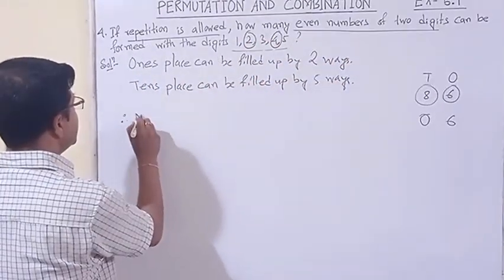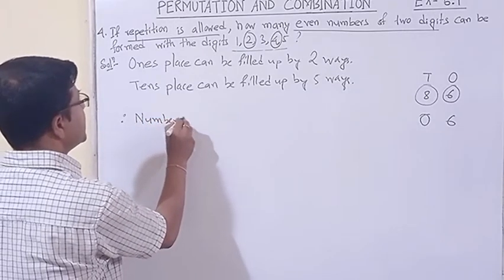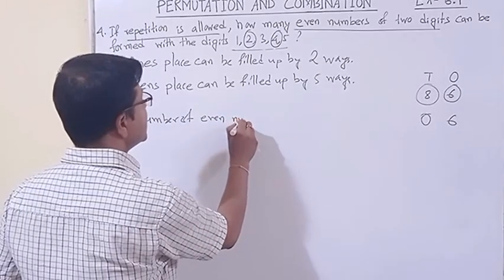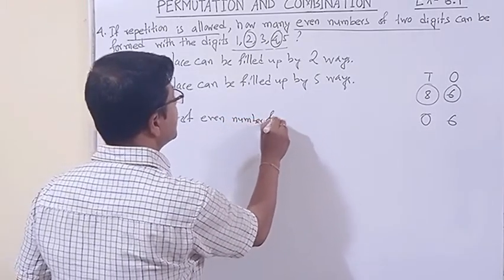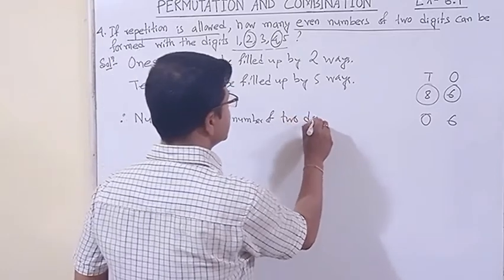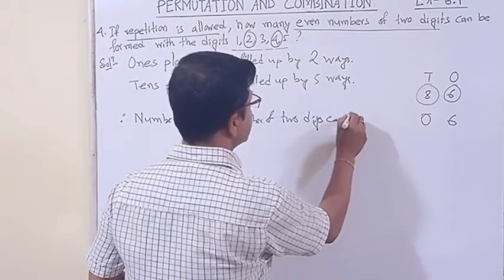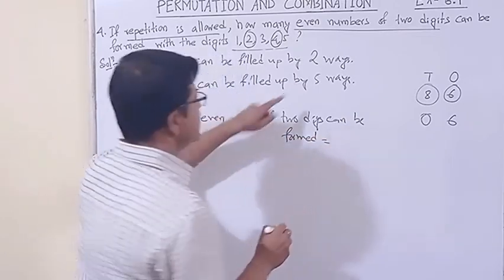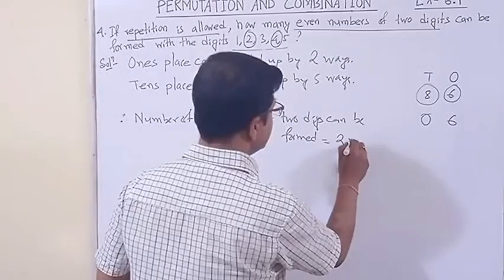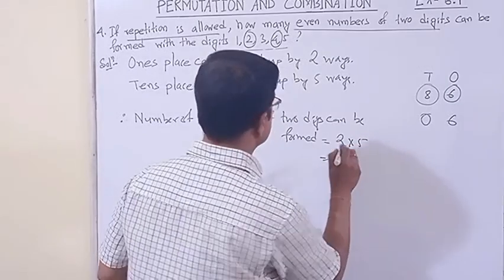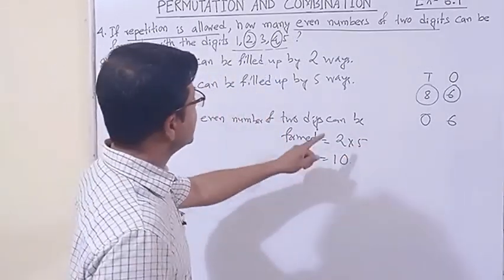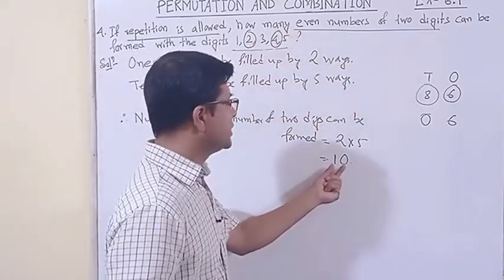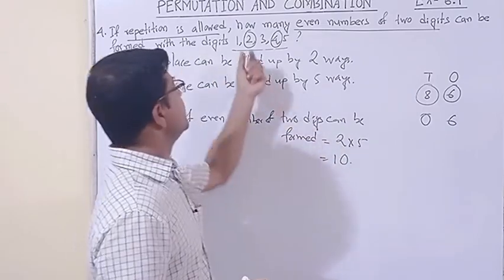Therefore, the number of even numbers of 2 digits that can be formed will be equal to, we shall multiply these, 2 into 5, 10. So there are 10 such even numbers of 2 digits we can obtain with these digits.